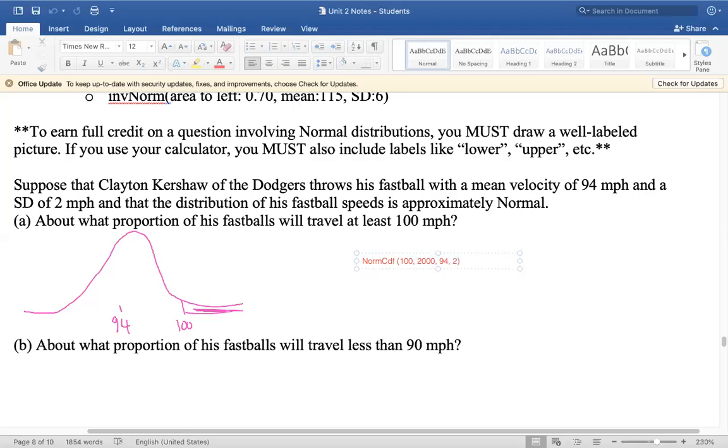And then you label what each one of these things is: your lower bound, 100; upper bound, 2000; your mean was 94; your standard deviation. If you're going to use the calculator on a test or a quiz or on the AP exam, you've got to have both the picture and this sort of writing where you say, here's what I typed into the calculator, here's what everything means. That way the AP reader knows exactly what you're doing.